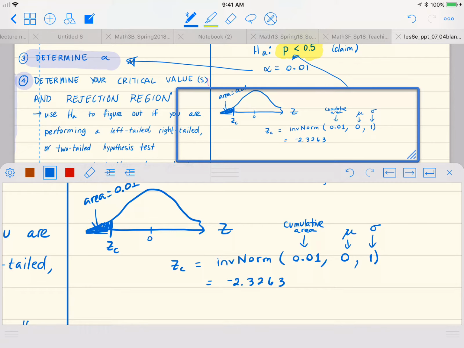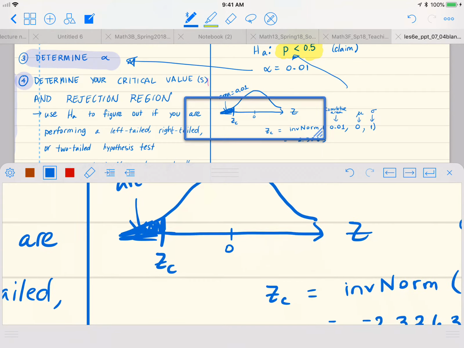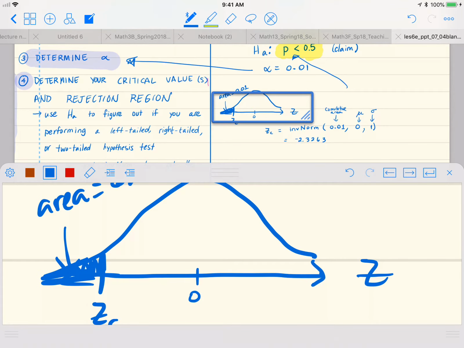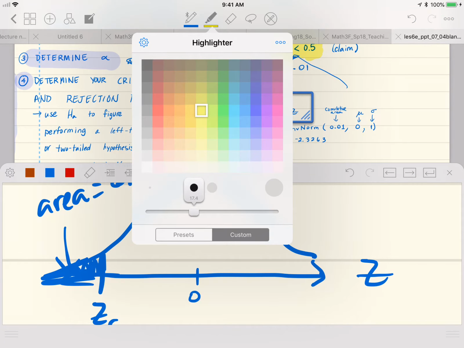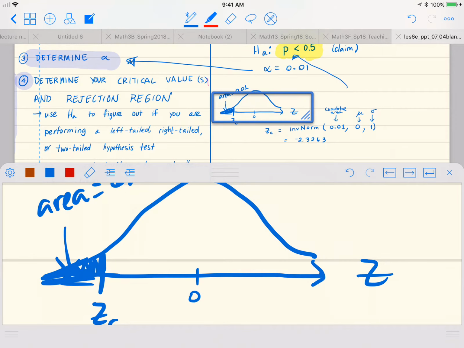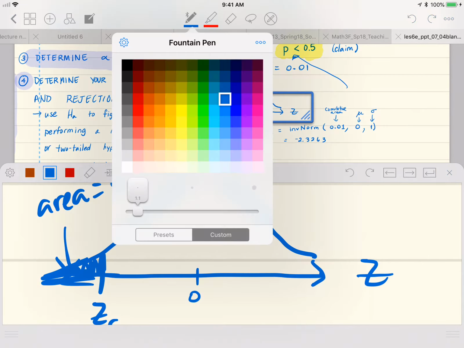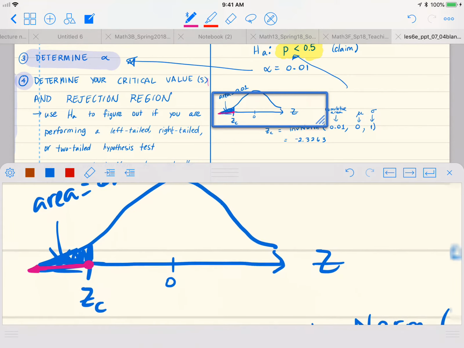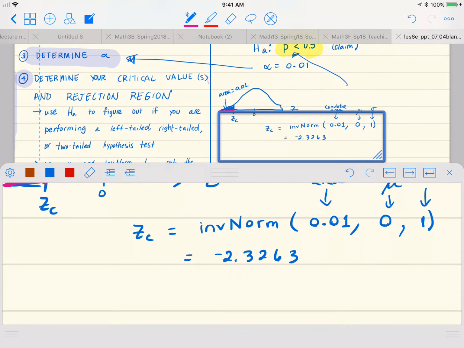And my critical region is any value that is less than negative 2.3263.